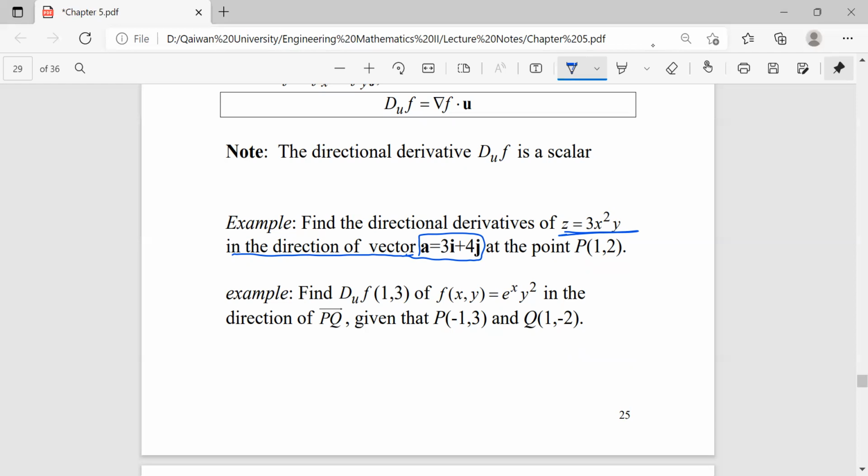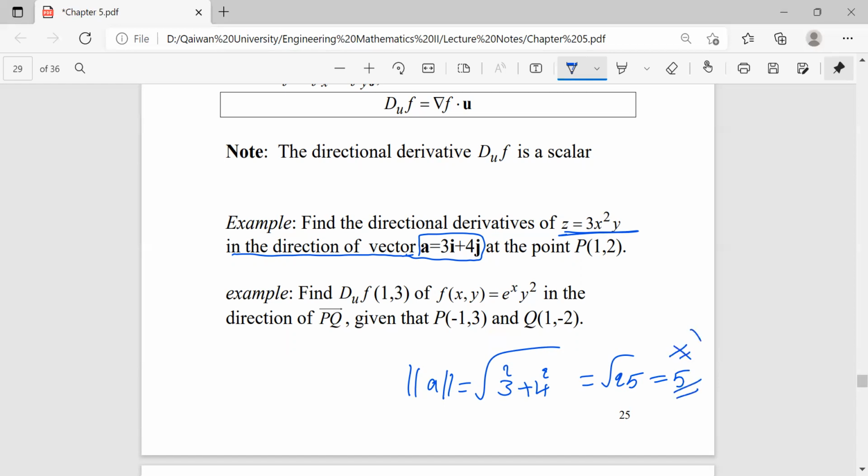A unit vector is a vector that has 1 for its magnitude. The magnitude of A equals what? The square root of 3 squared plus 4 squared. We just square all components. This equals the square root of 25, which is 5. Is it 1? It doesn't equal 1.